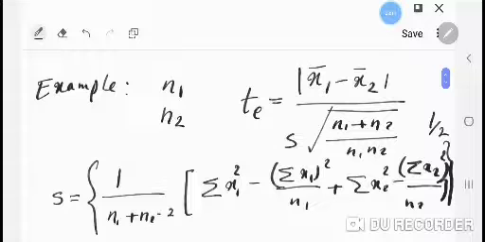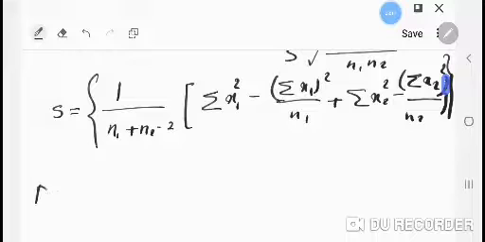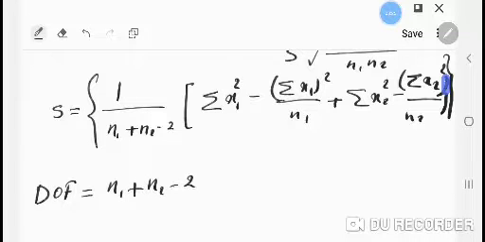We can compare this value of t with the degrees of freedom equal to N1 plus N2 minus 2 with table values to obtain the fractional probability that the results could have occurred by chance.